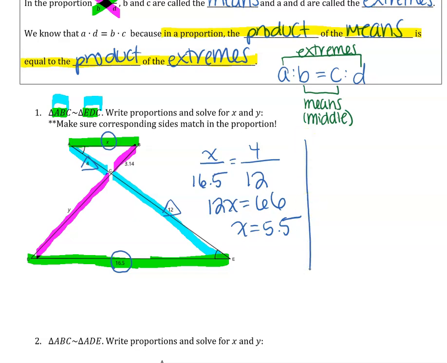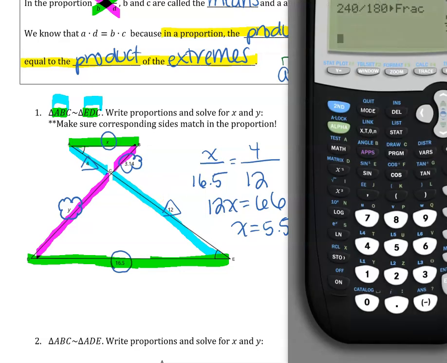Now, in order to solve for y, y corresponds to 3.14. Notice I started in the big triangle, so let's start in the big triangle again. Let's use the 12 corresponds to the 4. So big triangle to small triangle, big triangle to small triangle. From there, I can cross multiply to solve. So I get 4y equals 12 times 3.14. Let me pull up my calculator.